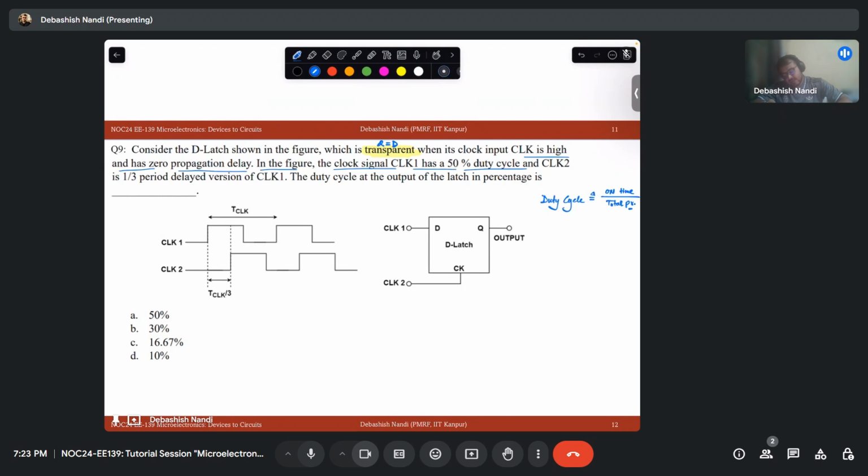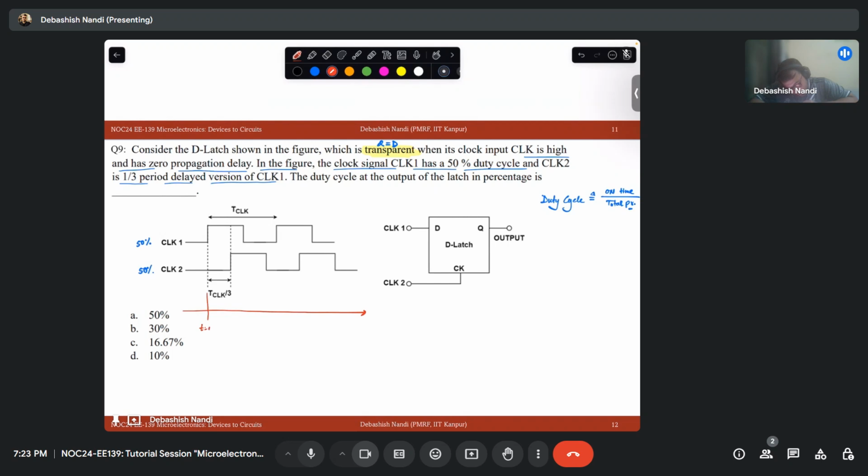So 50% duty cycle, and that is a 1/3 period delayed version of clock 1. What is the duty cycle of this? 50%. What is the duty cycle of this? 50%.